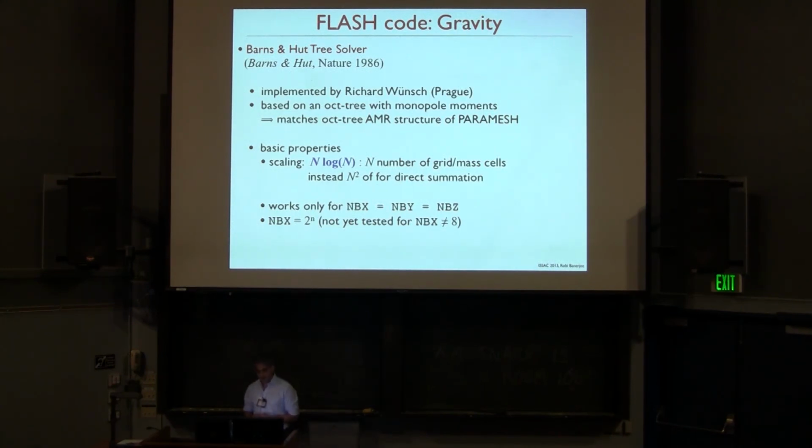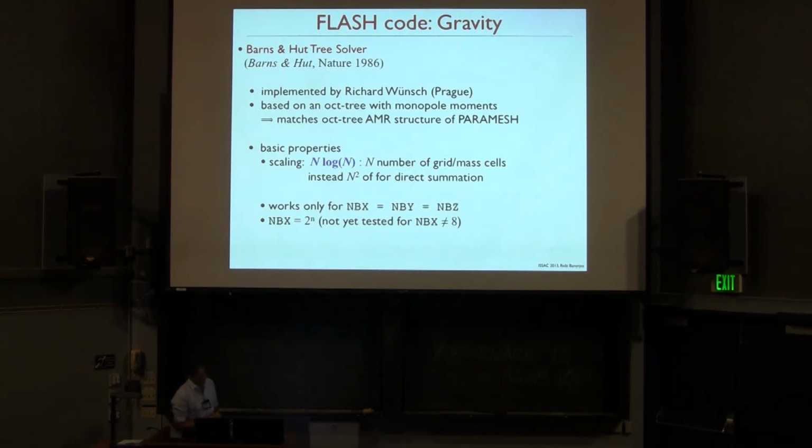So far it works only for cubic blocks in the Flash code, and for the blocks it's even more restricted. The block size, the number of grid points in a block, must be an integer power of 2. And I guess nobody really tested it so far with anything else but 8.